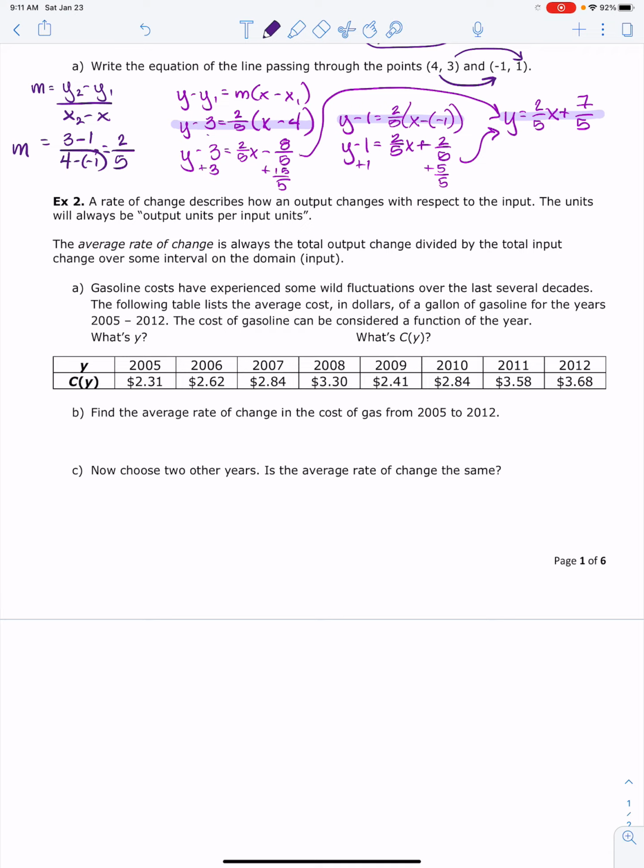A asks for gasoline costs, what's Y, what's C of Y. Y here is the year. C of Y is the cost in a given year. Cost of gas.